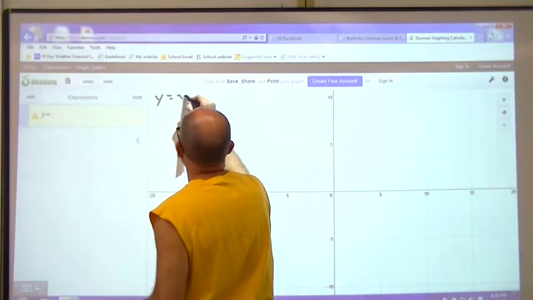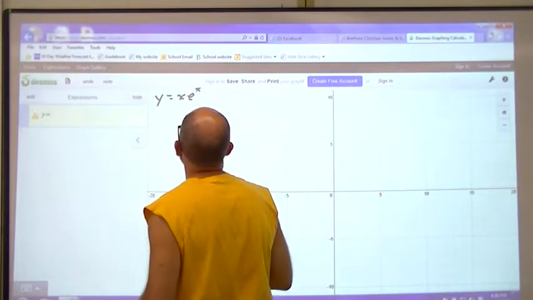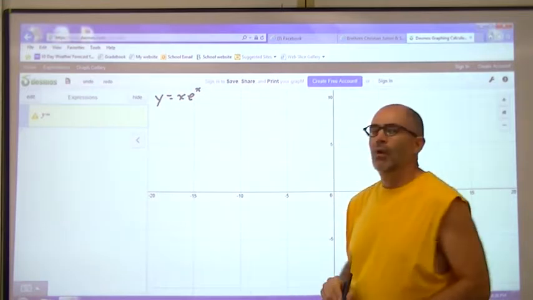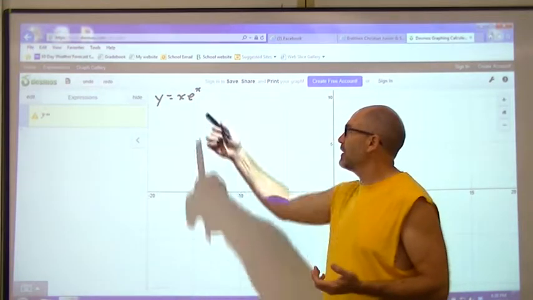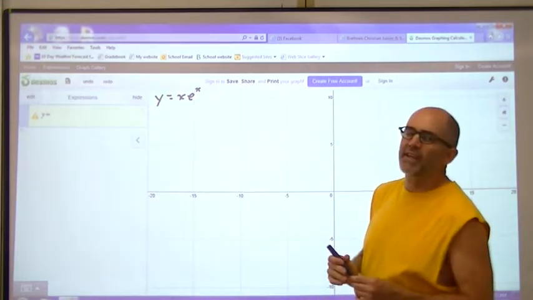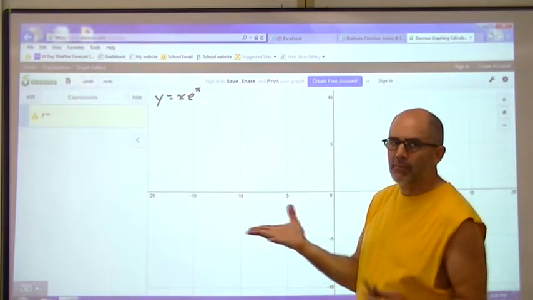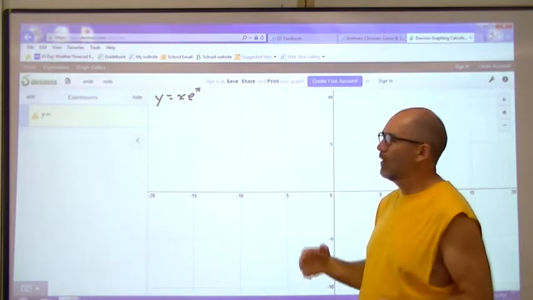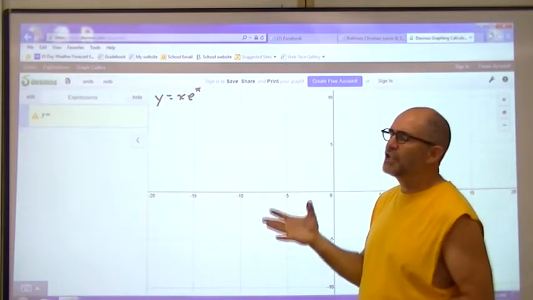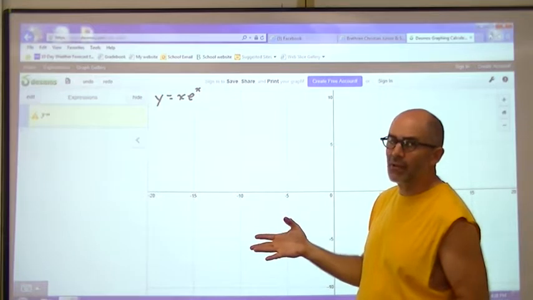y equals xe to the x. Now, first of all, what is the domain of this function? Well, what restricts the domain is radicals, no radicals there, or, and I should say even indexed radicals.